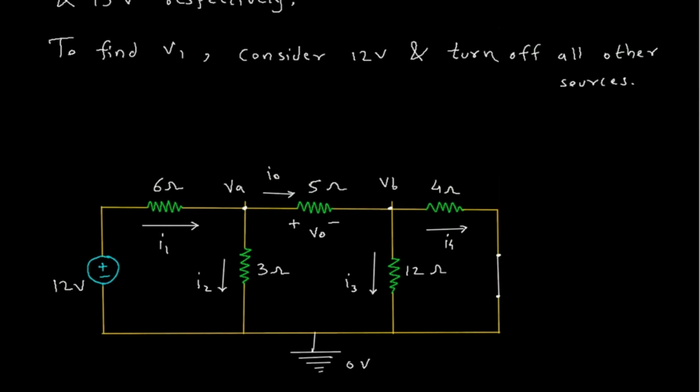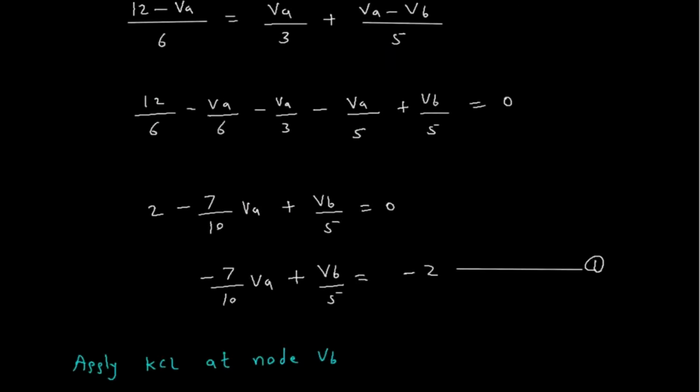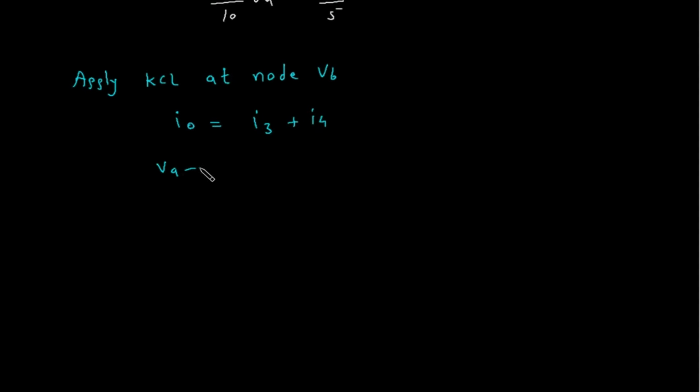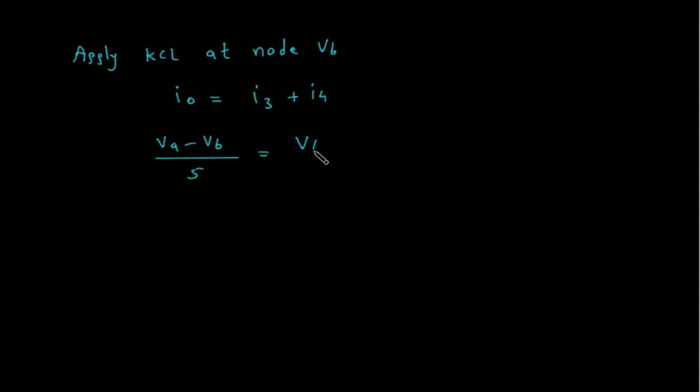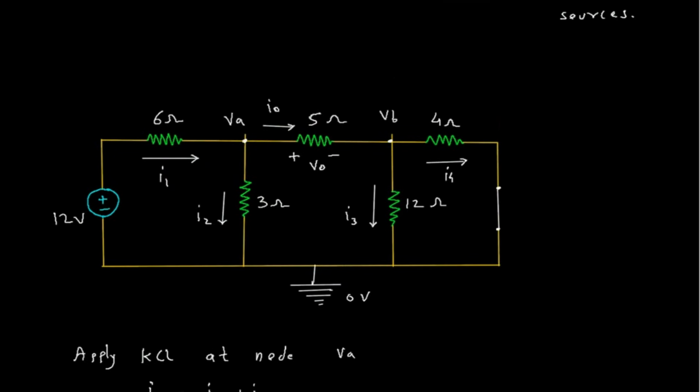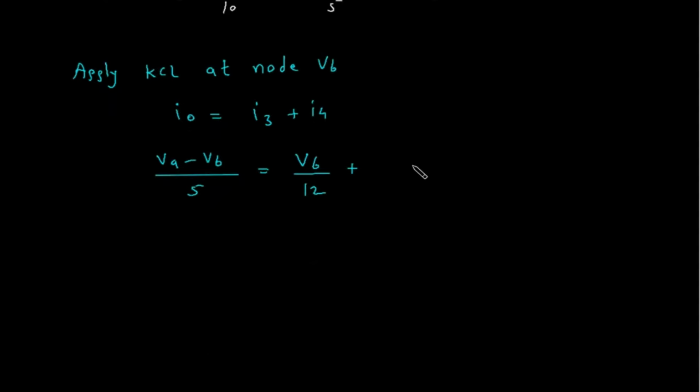Now Io is equal to VA minus VB by 5, which is equal to I3. I3 is equal to VB minus 0 by 12, plus I4. I4 is equal to VB minus 0 by 4.